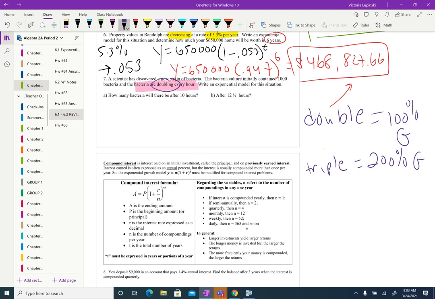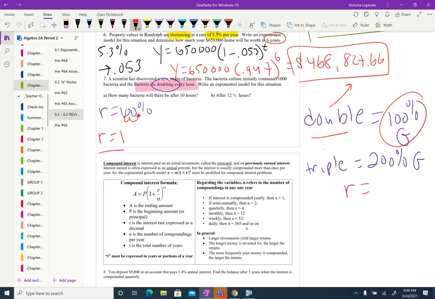So when they tell you that this is doubling, that means that R is 100%. If you take the decimal point, which is behind the 0, and you move it 2 spots, you're going to get that R is 1. So again, double means 100% growth, but if you convert that to a decimal, you're going to get 1.